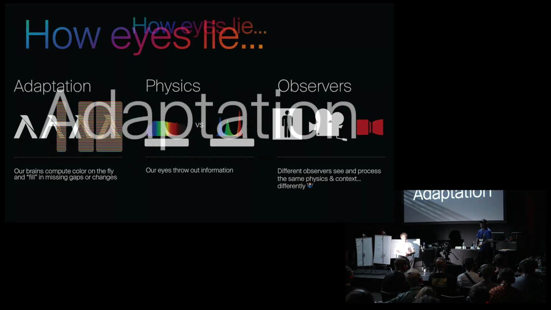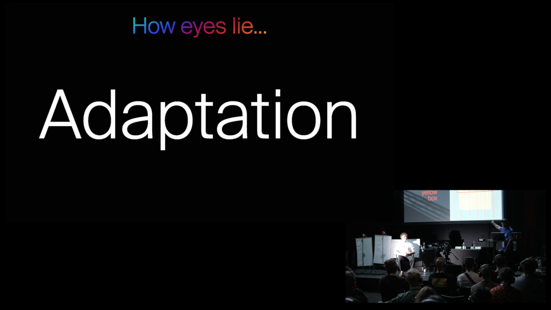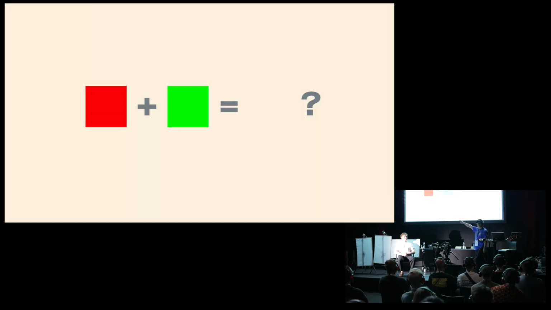So let's now talk about adaptation, okay? And as we discussed, that is not a yellow box, right? And the reason being is this. What does red plus green equal? What color comes out of red and green when you combine the two? Anybody? Yellow. Yeah, right. We get yellow, right?